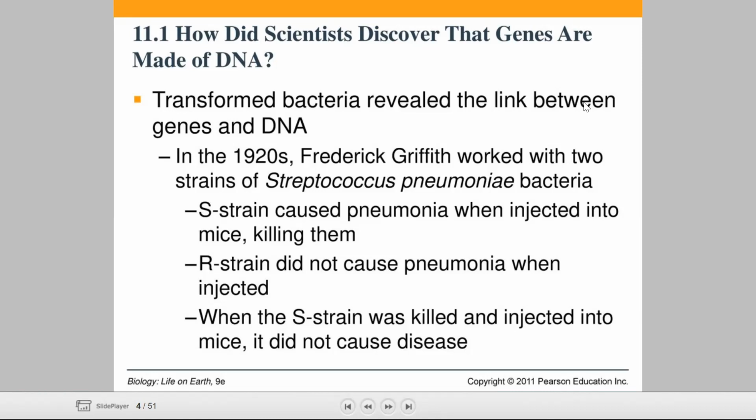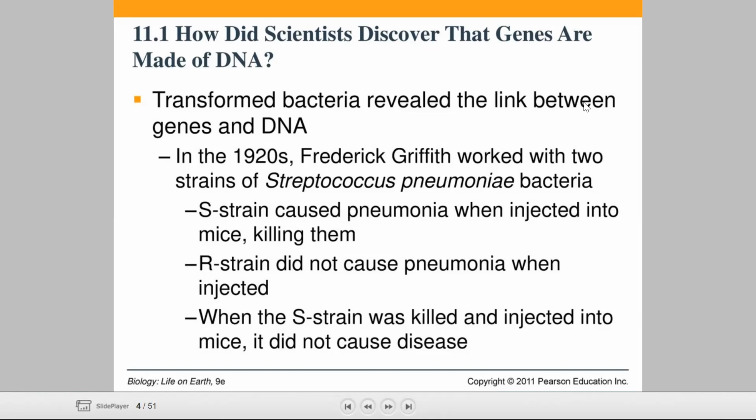So we inject the S strain into mice, and when we examine the mice, they will get infected with pneumonia. Meanwhile, the other strain, the R strain, did not cause pneumonia when injected. So any mice injected with this R strain will not get infected with pneumonia.